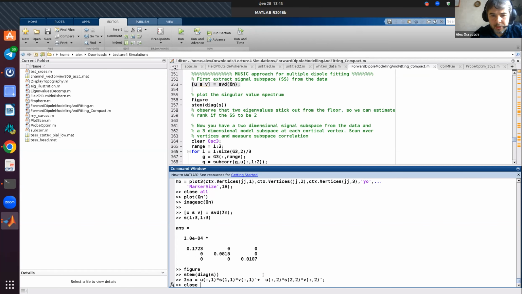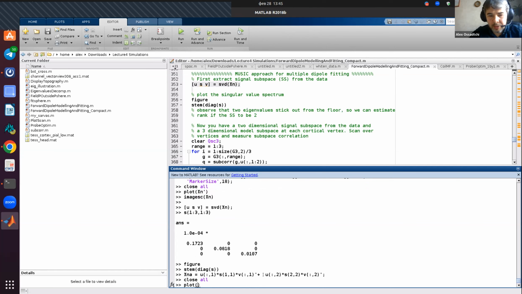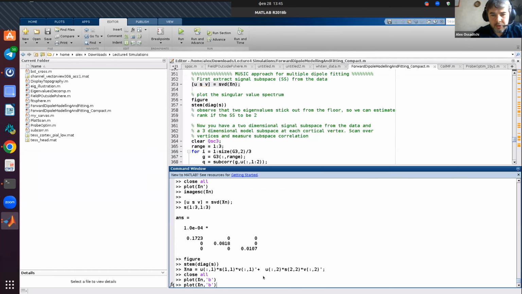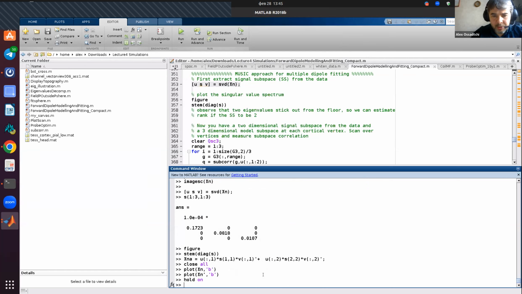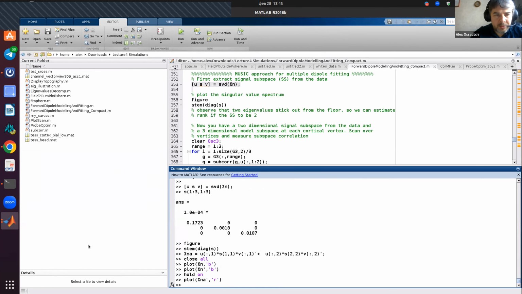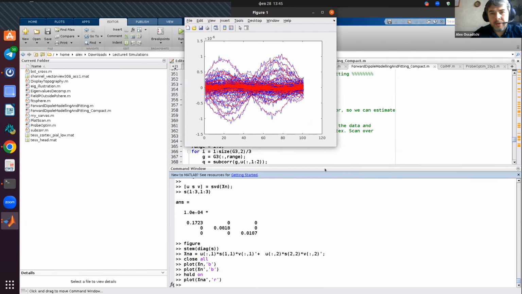Okay. Then close all. Plot xn, let's plot it with blue. Hold on and plot xna with red.